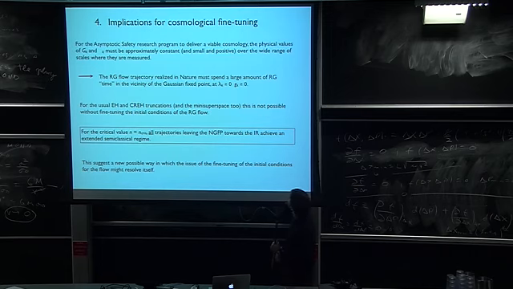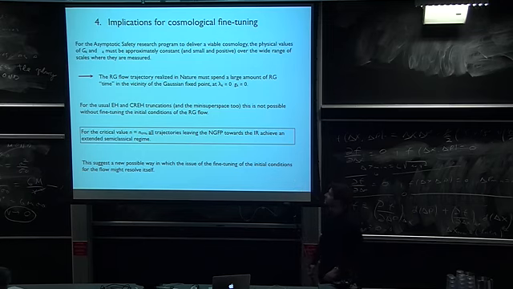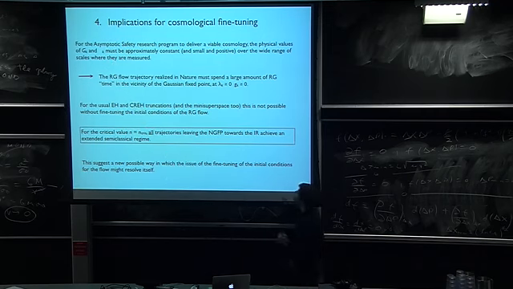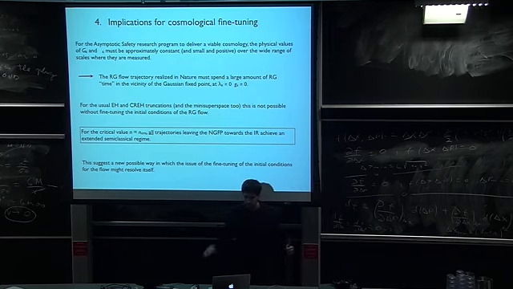In general, within the asymptotic safety research program, if you want a good semiclassical cosmology, with low energy physics that matches what we see, you need the physical values of lambda_k and g_k to remain approximately constant, small and positive, over the wide range of scales in which you measure them, from the Earth to cosmology.